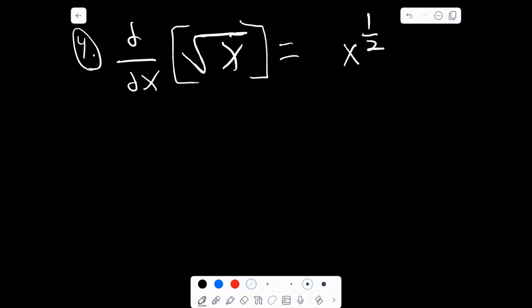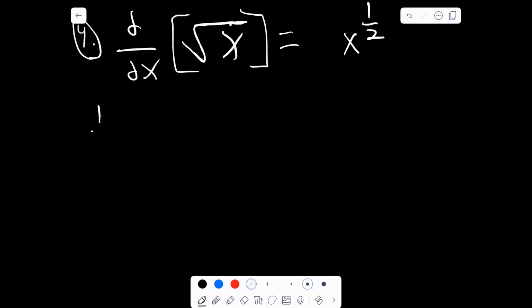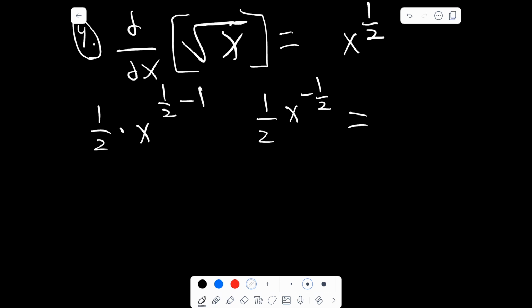So now, let's do that same logic. We bring the 1/2 to the front, multiply it by the x, and then we do 1/2 minus 1. And what are we left with? We're left with 1/2 x to the negative 1/2, which is the same thing as, if we rewrite it again, 1 over 2 square root of x. That's a complicated thing, not very pretty to look at, but pretty simple to follow, and with practice, you guys will be doing that in your head. Or girls.